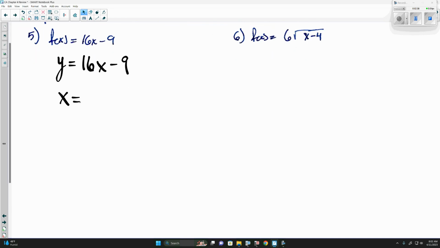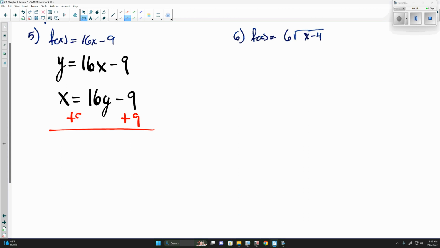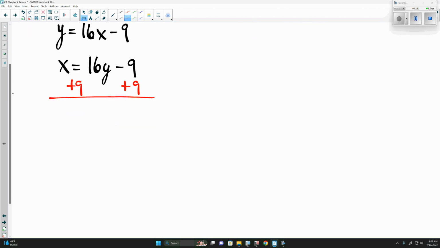So we say x is equal to 16y minus 9. And then the next step is to get y by itself. So we can add 9 to both sides, telling us that 16y is equal to x plus 9.